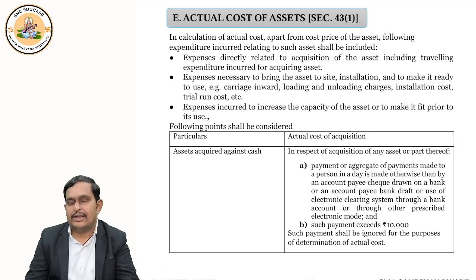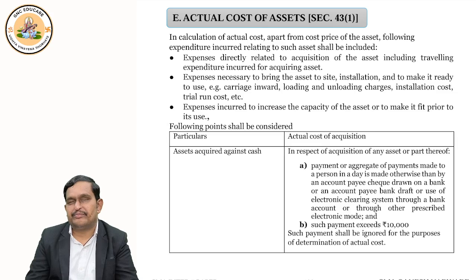So when in a problem it is given that 5 lakhs is the payment made, out of that 1 lakh is cash, then you will take 4 lakhs only as the cost because that payment is done through account payee. Like this you should be able to interpret while solving the problems.